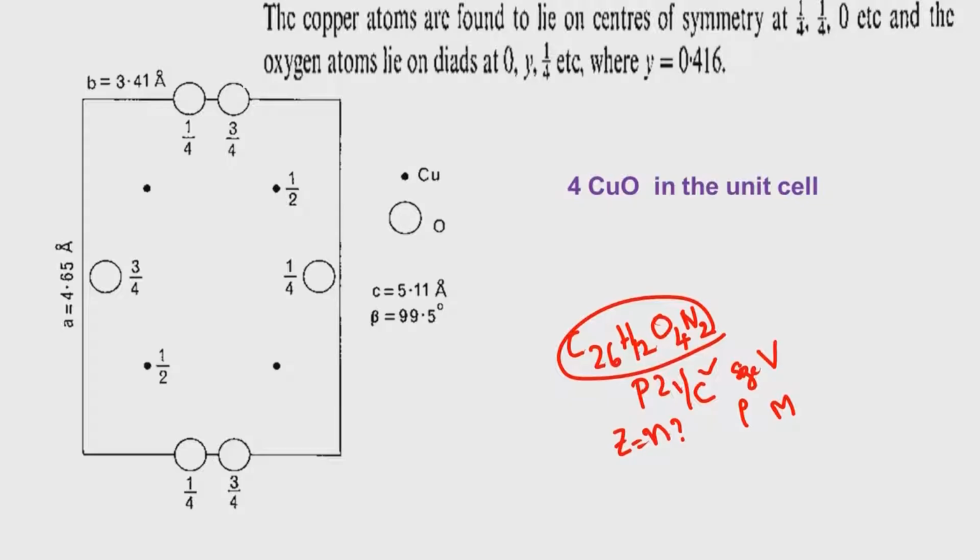Suppose density also tells us that there are 4 molecules in the unit cell. Then there are 4 general positions in P21 upon C. So, we therefore have to determine 26 positions of carbon, 16 positions of oxygen, 8 positions of nitrogen, and 12 times 4, 48 positions where hydrogens can sit.